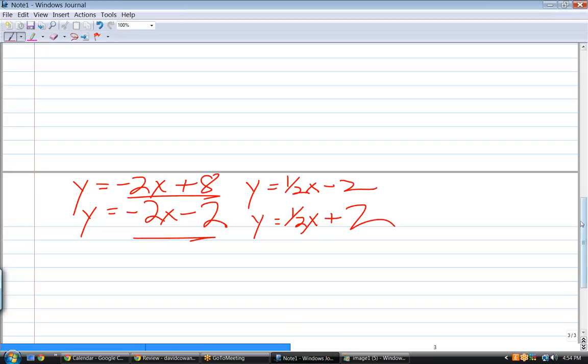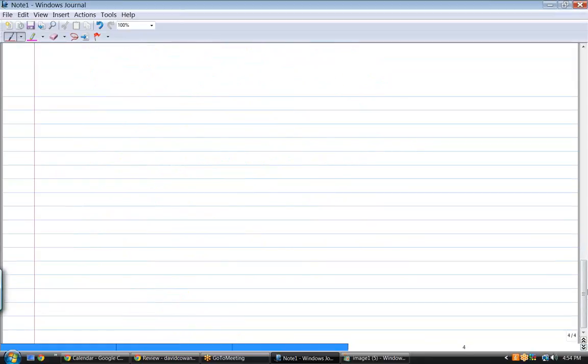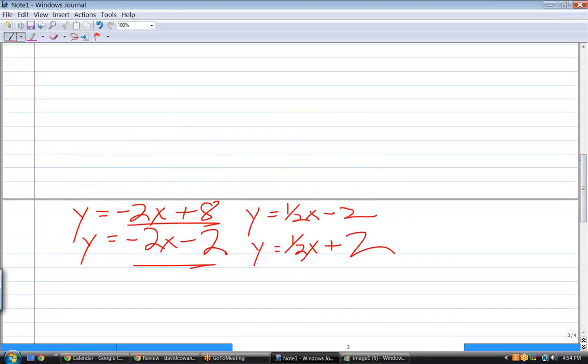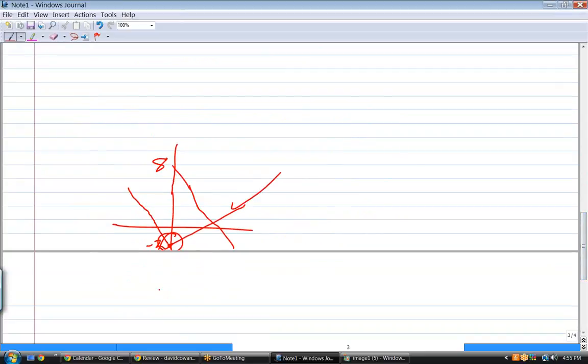Well, remember I said that if I was going to make minus 2 my intercept right here, then this equation of that line must be that one, because it crosses the y-axis at the same place. Right? In other words, both this line and this line have the same y-intercept, minus 2.